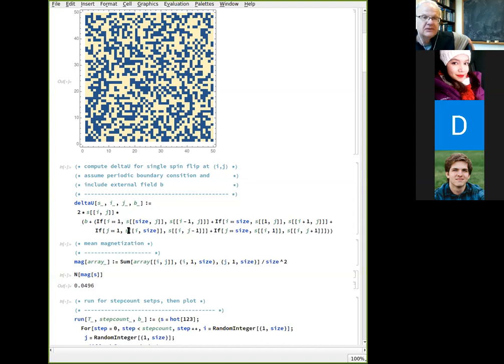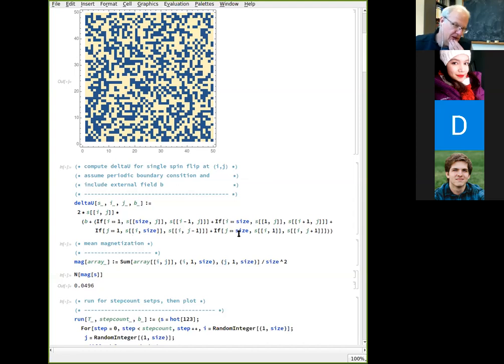And so there's a special condition. It's a 2-dimensional lattice, so it's labeled by 2 integers i and j. The points i equals 1 and i equals the size of the system, or j equals 1, or j equals the size of the system, these points are special because those are the points where you have to wrap around, okay?